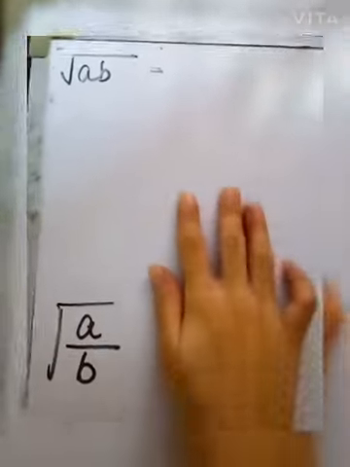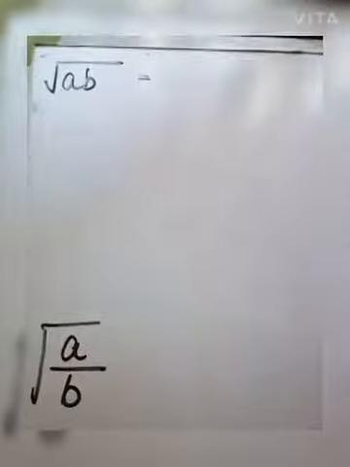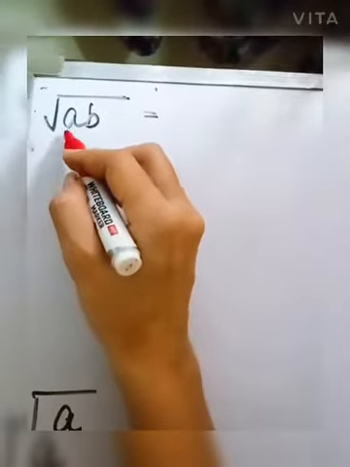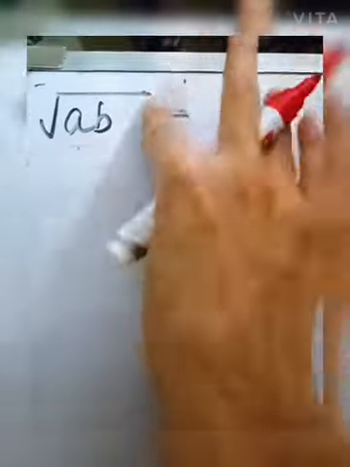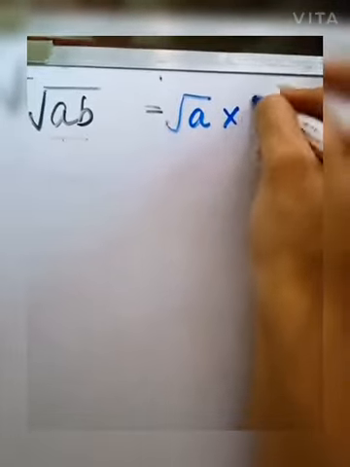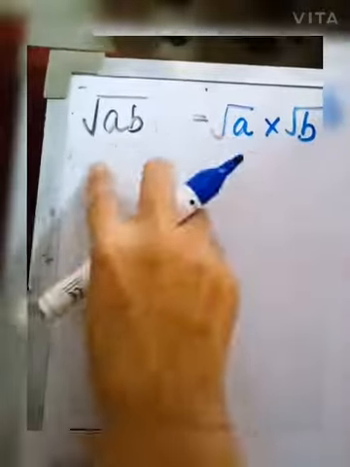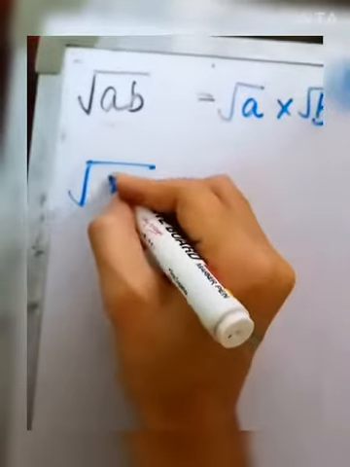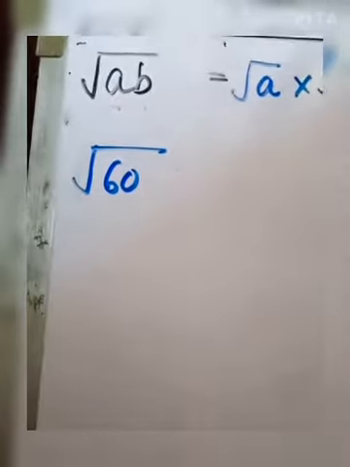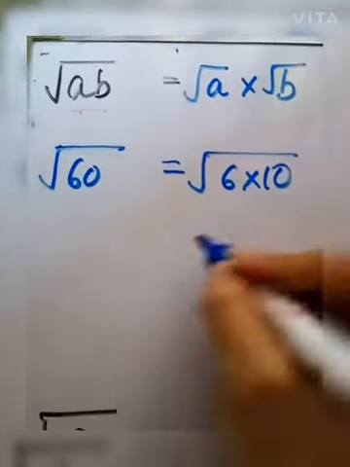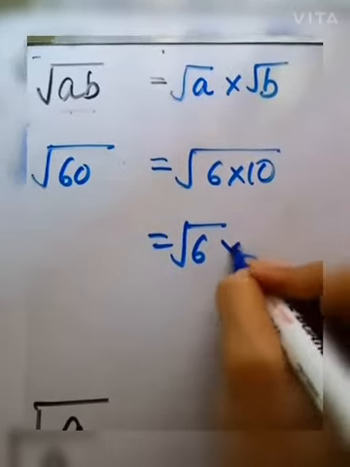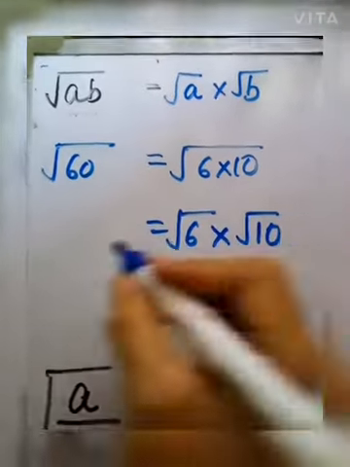Now class, before moving forward, we will learn some identities. Here 2 numbers are in multiplication and we have to do the square root of them. We can write them separately: root of A times B equals root A into root B. Suppose we have 60, we can write it as 6 into 10, and further as root 6 into root 10.